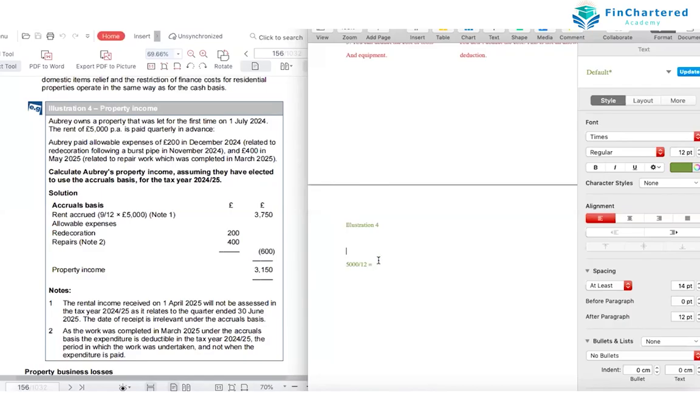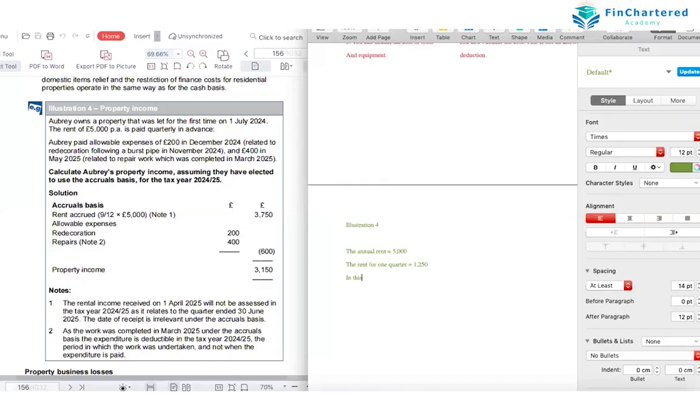So think about it. The annual rent is 5,000. However, the rent for 1 quarter is 1,250.